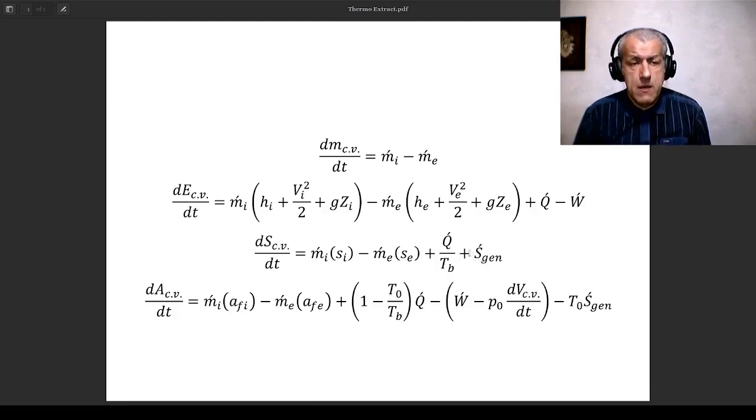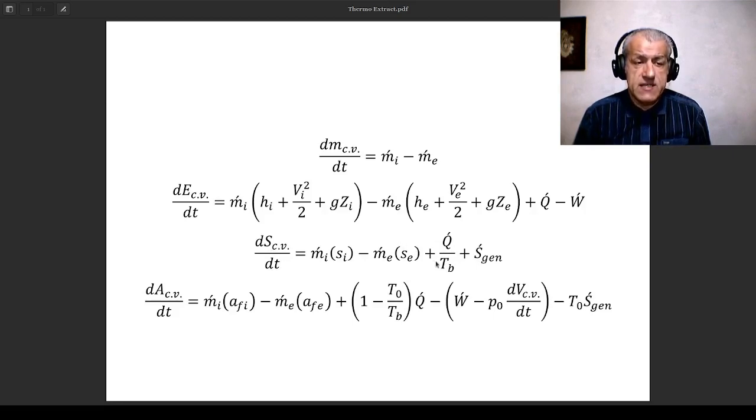Now, for our simple calculation, we assume that throttling valves are adiabatic, so this term vanishes. The left-hand side vanishes since the problem is steady.